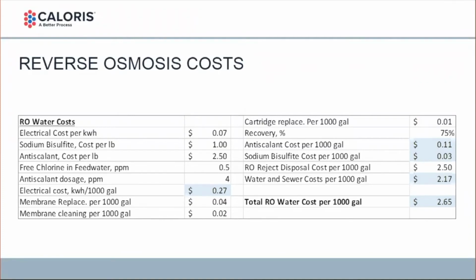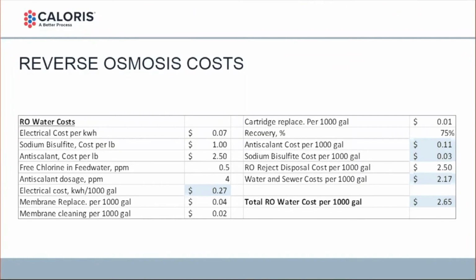Some other operating costs: membrane replacements, probably every 3 to 5 years, that's 4 cents per 1,000 gallons. Membrane cleaning every couple months, 2 cents per 1,000 gallons. Cartridge replacements, a penny per 1,000 gallons. Now to get our chemical costs, we're going to use that recovery. The antiscalant cost is 11 cents per 1,000 gallons.